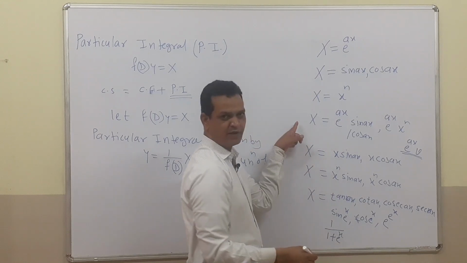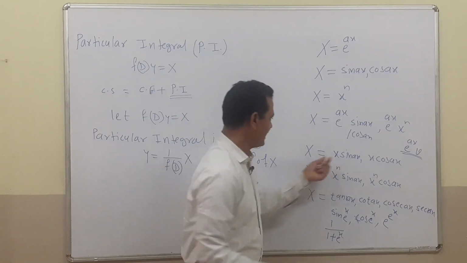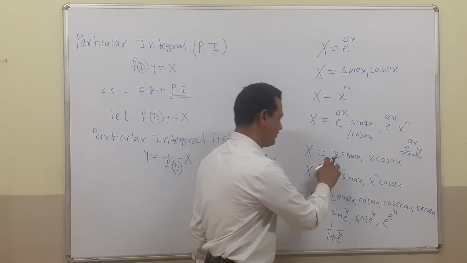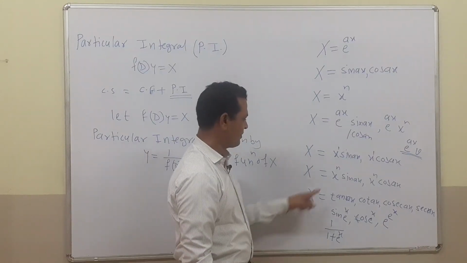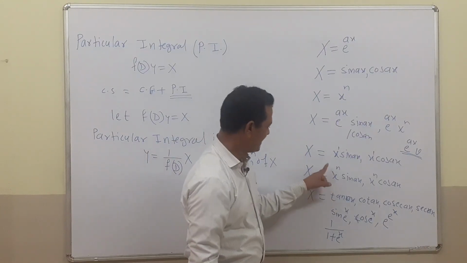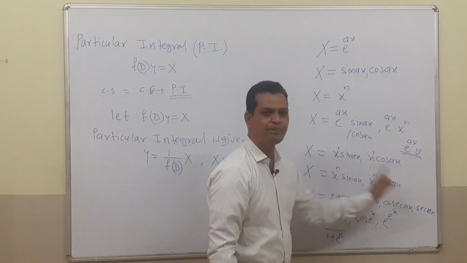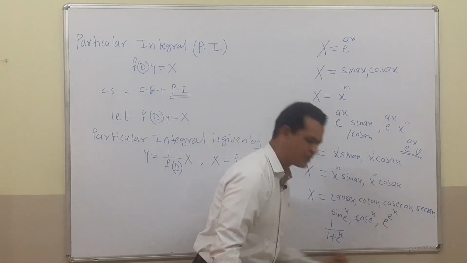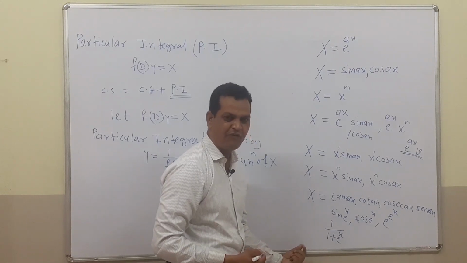Then X may be the combination of x with power 1 into sine of x or cos of x, or x raised to n into sine of ax or x raised to n into cos of ax. So there are 7 different types of values of X.